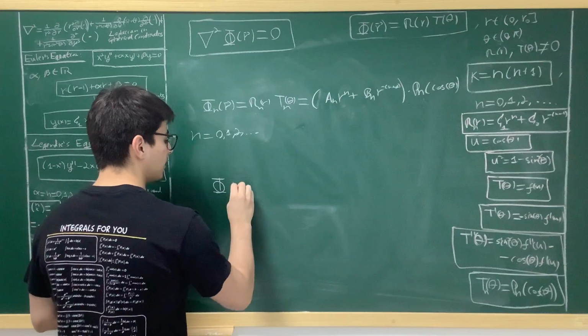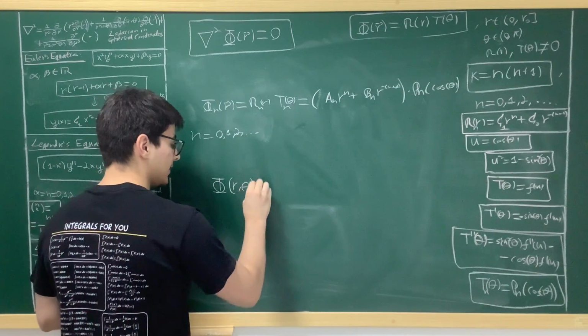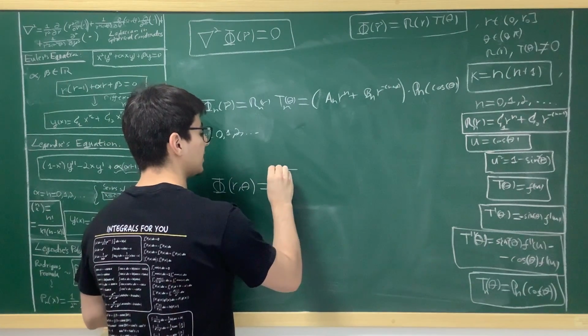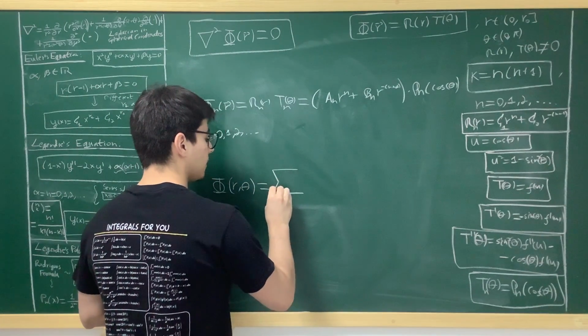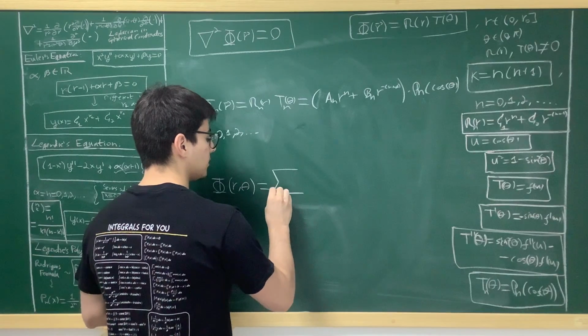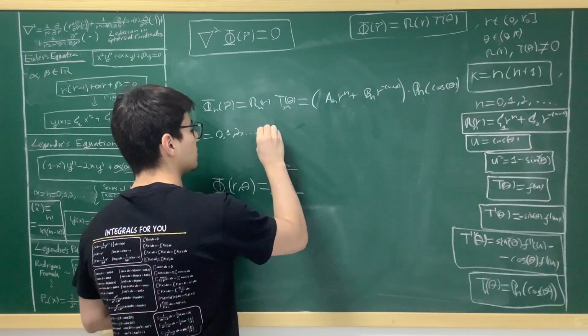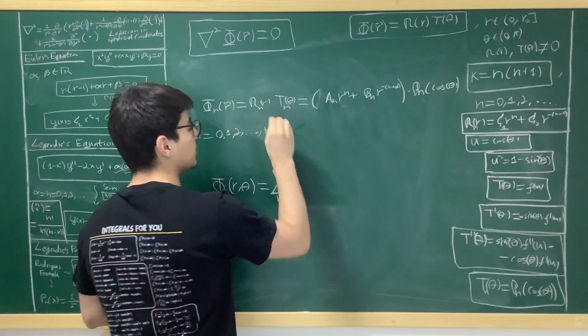So we have that the general solution, instead of r, I'm just going to write r theta because it depends on r and theta only. Well, this is just the infinite sum, where n goes from 0 to positive infinity, right? Because it just goes on and on to positive infinity.